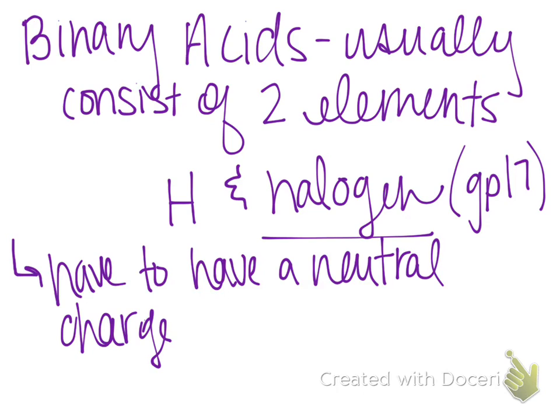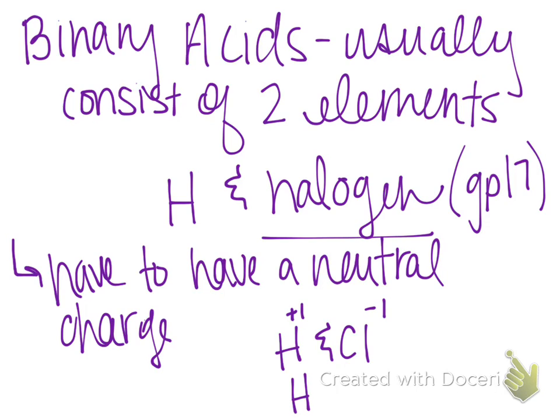So when we start looking at these, we're going to have to balance our charges. Hydrogens are always a +1 because that's our proton that we're donating or accepting, and then we need to balance the other side of it. So acids are easy to balance because hydrogen is always +1. Form an acid between hydrogen and chloride. How many of each of those do I need? What are the charges? +1 and -1.